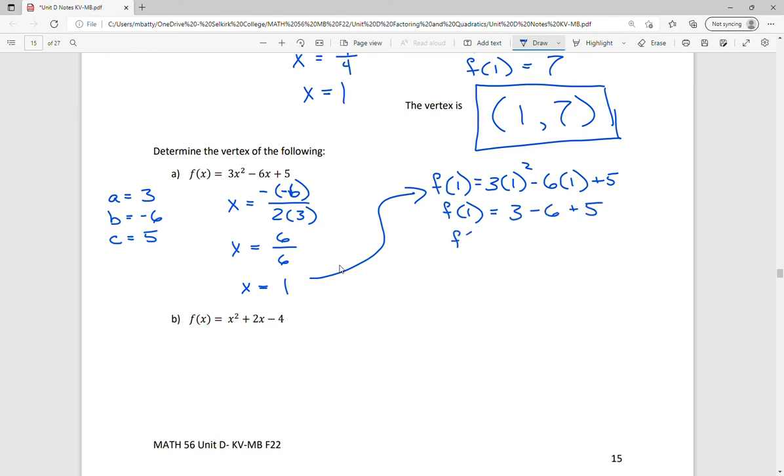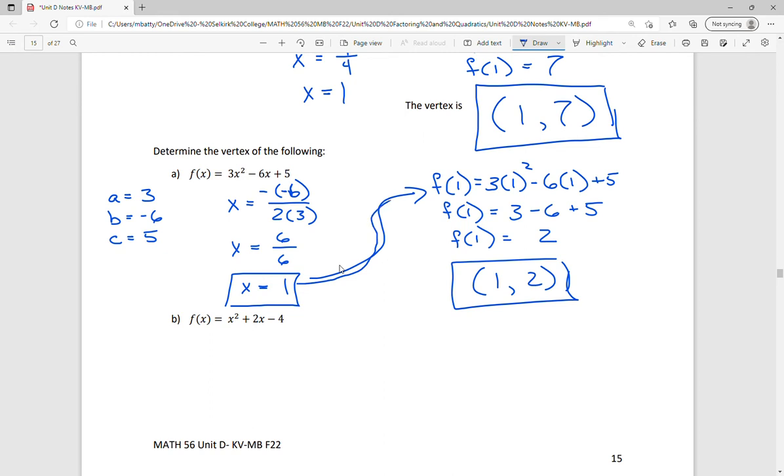I get f at 1 is equal to 2. And again with these, I should be getting used to, hopefully, seeing this as an ordered pair. Right? I figured out my x value with the vertex formula, and then I sub that value back into my original equation to find my y value.